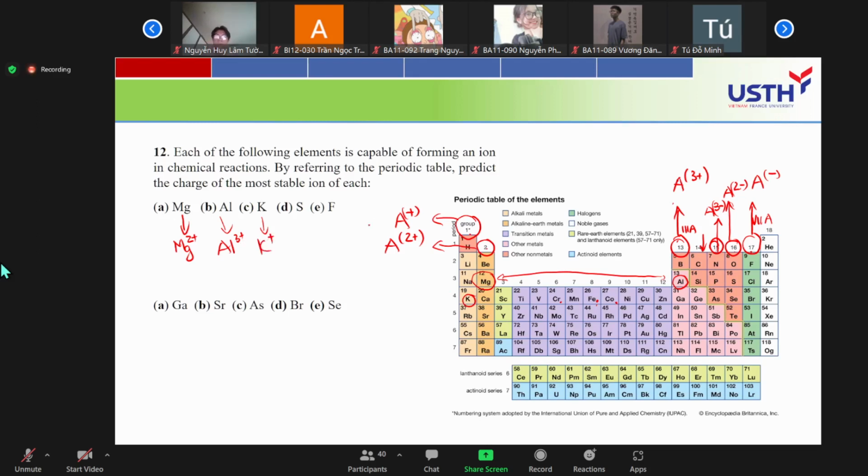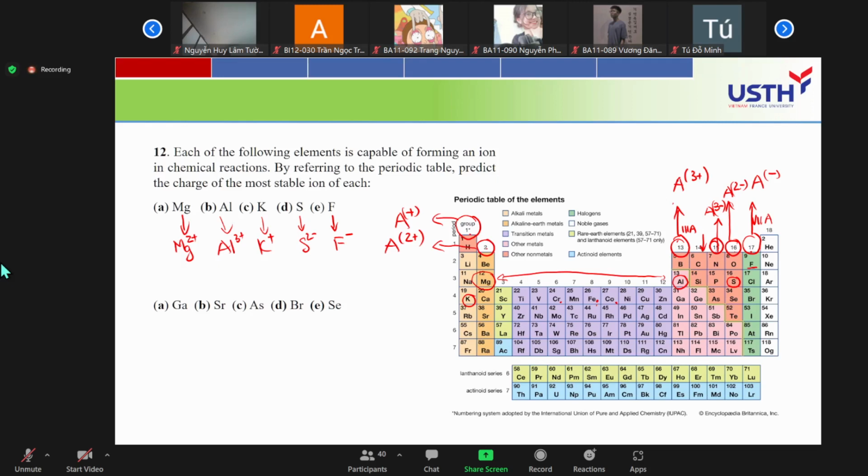Sulfur stays in group 6A, so sulfur prefers to become 2-. Fluorine stays in group 7A, so it prefers to become fluoride 1-. It's okay, and similar thing for the other exercise.